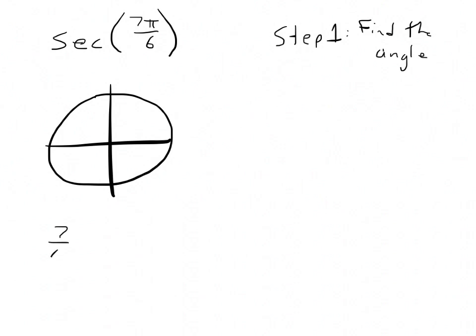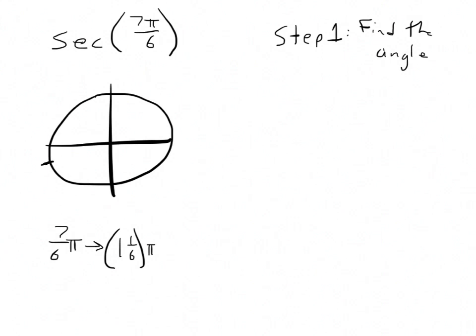I see that as 7/6 pi. For as much as I don't like mixed numbers, we can look at this as 1 and 1/6 pi. In other words, you go all the way around to pi and then you go 1/6 more. So we're at sort of the first value here.